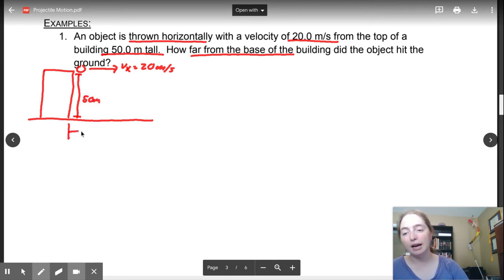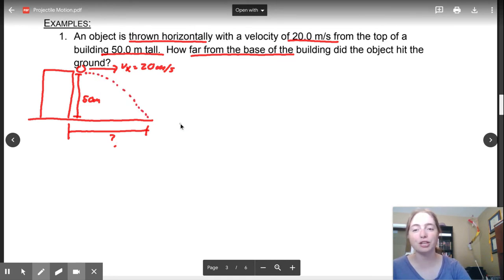You have been asked to find how far from the base it goes. Okay. And the dotted line is going to be its trajectory. Okay. All right. And remember, thrown horizontally, what does that tell you? Your Vi on the y is going to be 0.